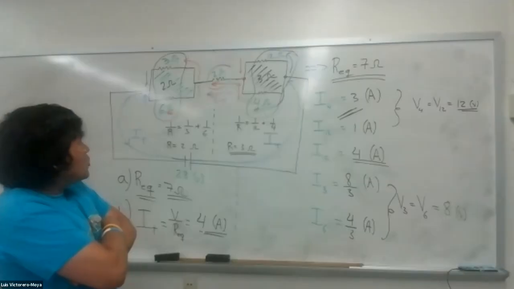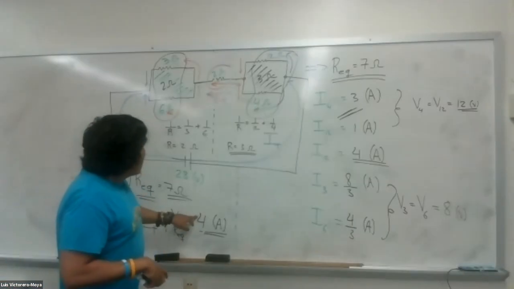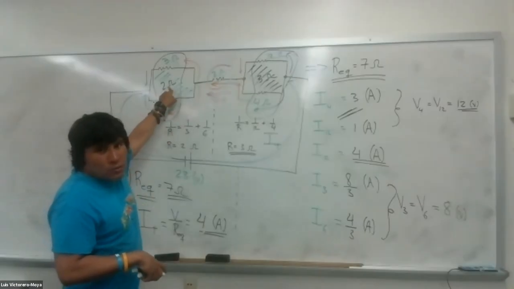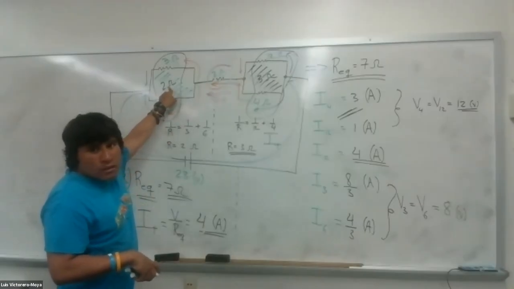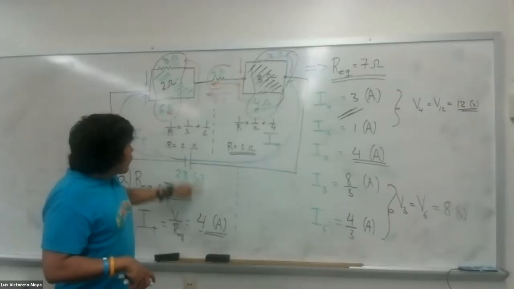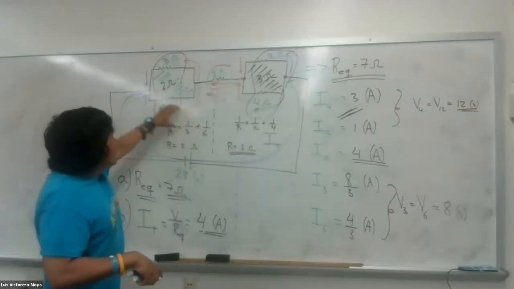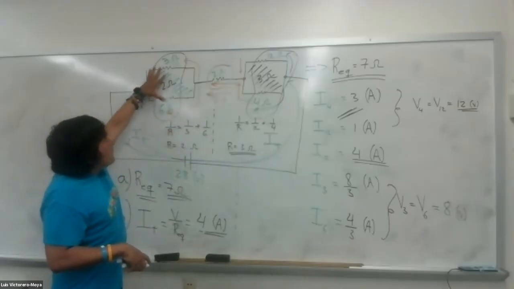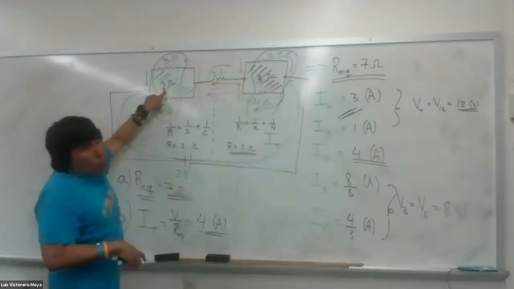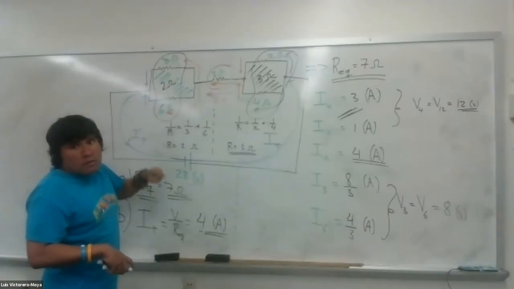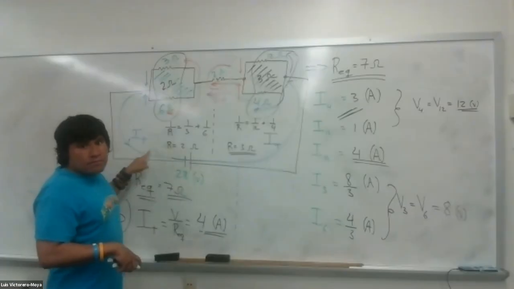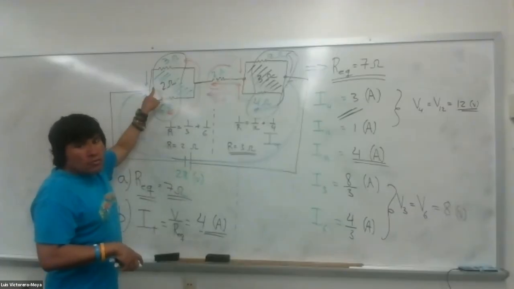You multiply the total current by the resistor on the loop, which is 2. So 4 times 2, 8 volts. You know that these two combined give you 2 ohms, so you just need to multiply the total current by the 2 ohms.